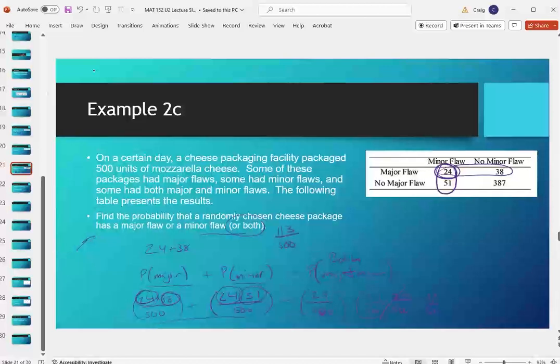And so the probability of a major or a minor, right? So it could be either one or both. The probability of that, right, is going to be 113 out of 500, which is 0.226. And again, we could just add them all up and get the groups that way.